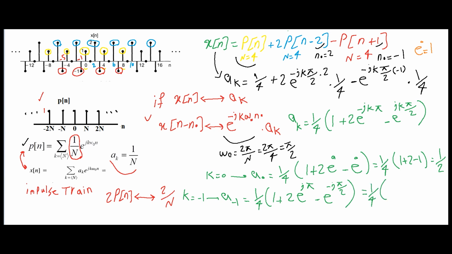Using Euler formula, e to the power of jp equals minus 1 and e to the power of minus j p over 2 equals minus j. So the result becomes a minus 1 equals 1 over 4 times minus 1 plus j. In this way, you can solve similar problems.